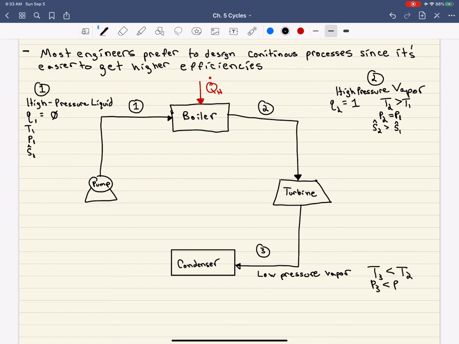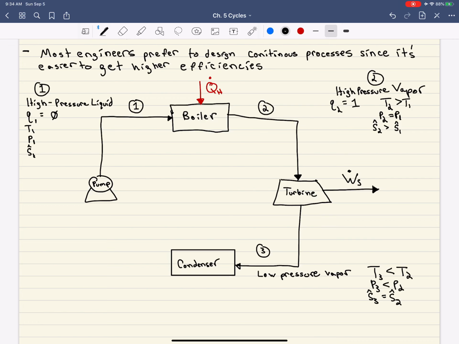It's depressurized. But typically, when it passes through the turbine, it's done in such a way that it's adiabatic, so the entropy of stream 3 is going to be equal to the entropy of stream 2. Of course, the whole point of a turbine is to extract work from a fluid, and so this turbine extracts work during the depressurization process.